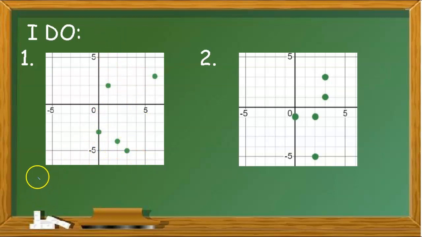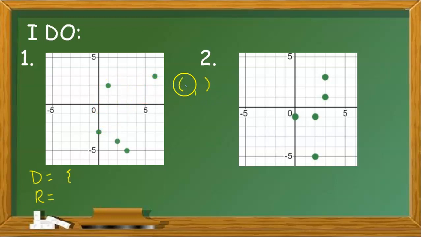So when we go to identify the domain and the range, remember when we have a set of points, we list all the x values for the domain, and the range is your y values. Your domain is your x and your range is your y. Now, when I see a set of points like this, it might be easier to first list what each of the points are.